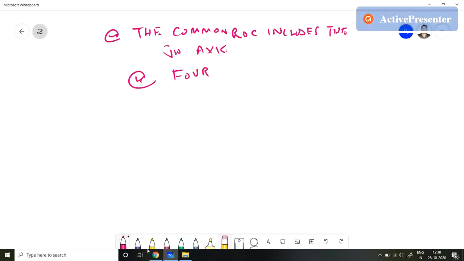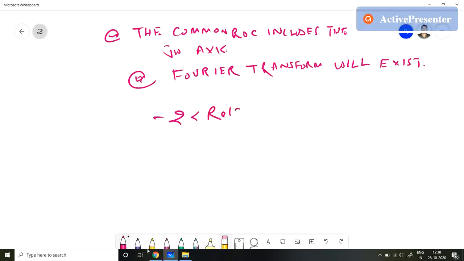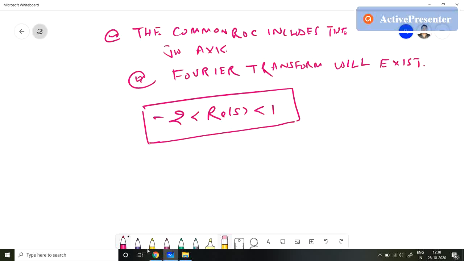So the Fourier transform will exist because the common ROC includes the j omega axis. The common ROC is minus 1 less than real part of s less than 2. So this is the common ROC, because the common ROC includes the j omega axis.